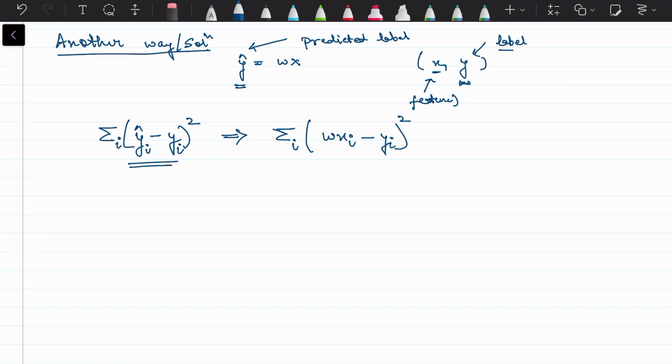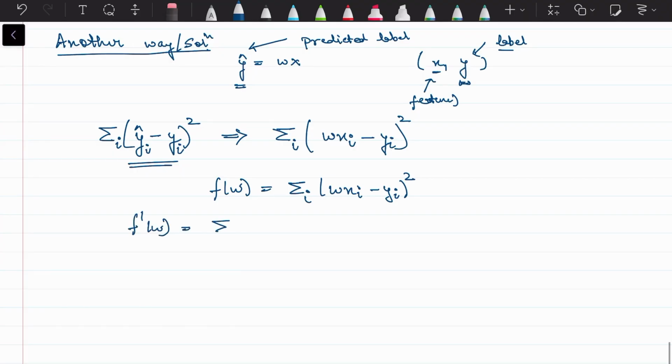So this is the function which we want the minimum value for. So let's call this a function of w, which is given by summation i (w xi minus yi) whole square.